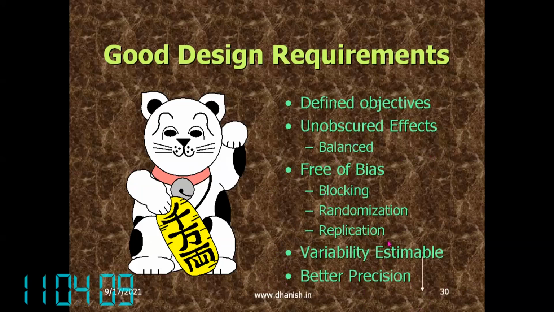And then the best design is the one with better precision, that is, with fewer trials, fewer points. Many solutions are there to all this. We don't have time to discuss everything. Those who are interested can take my PG course next semester. So the better design is the one with better precision.